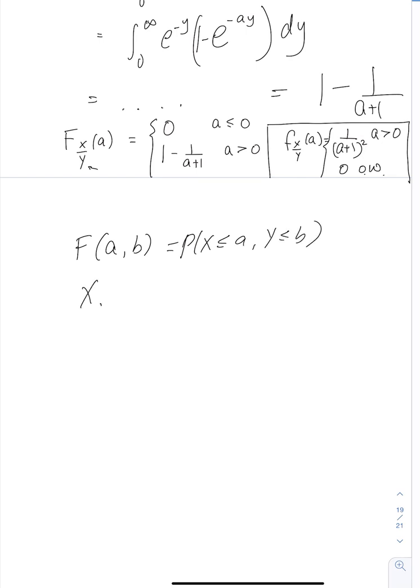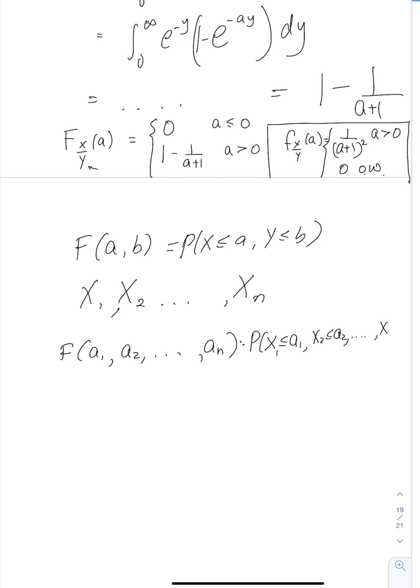Suppose you have random variables capital X1, X2, all the way till Xn. Then you could have a joint CDF of all these n random variables, F of a1, a2, ..., an, and that's the probability x1 less than or equal to a1, x2 less than or equal to a2, and xn less than or equal to an.